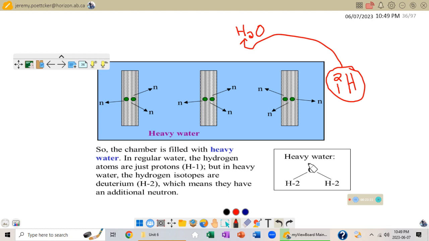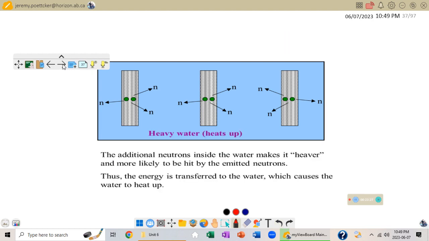What this does, they have an additional neutron. And heavy water, they call it a moderator. It tends to slow down the neutrons. Now, it also heats up because those additional neutrons make the water heavier and more likely to be hit by the emitted neutrons. Okay, this heavy water starts to heat up.